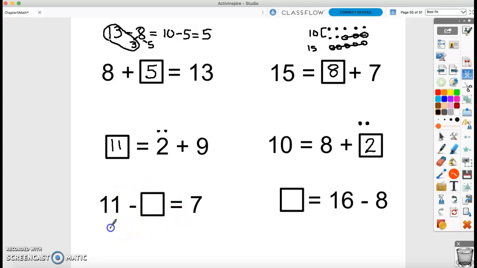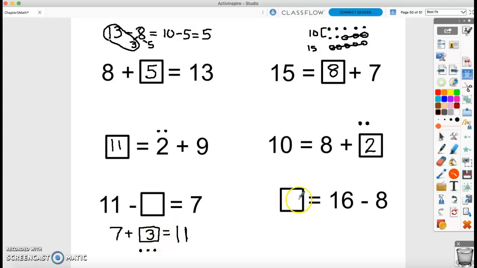So I know our answer to a subtraction is one of our parts plus something else equals 11. So say 7 and count up to 11. What's your answer? 7, 8, 9, 10. If you said 3, awesome job.